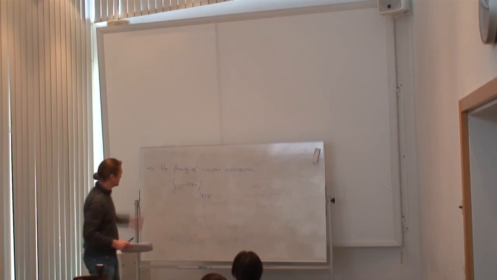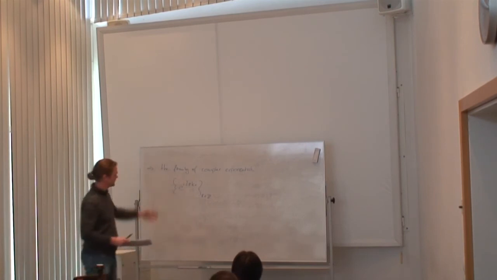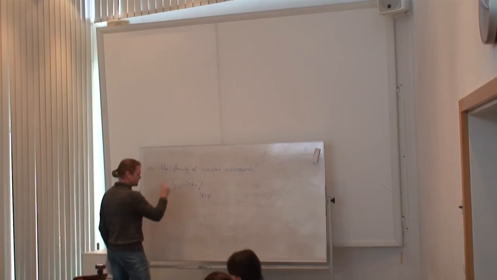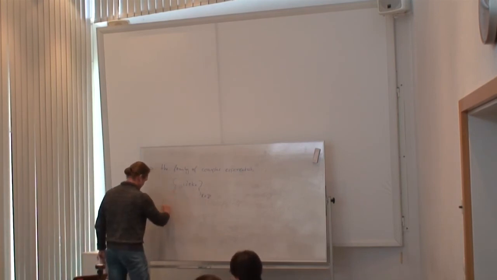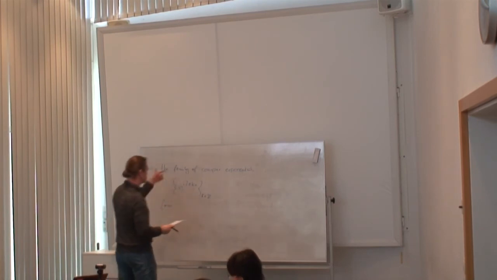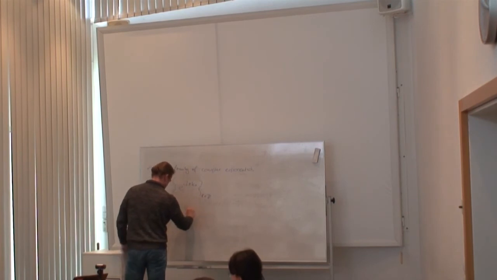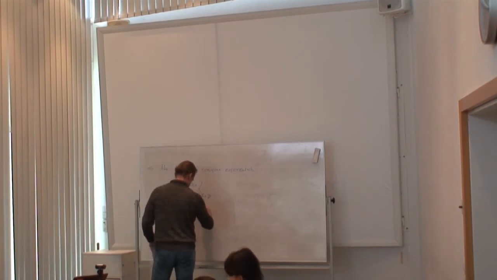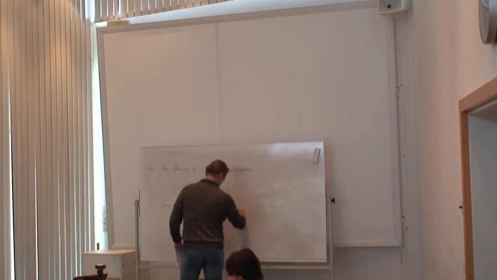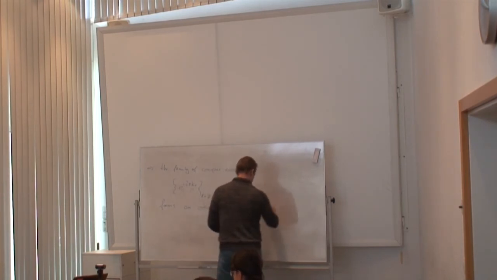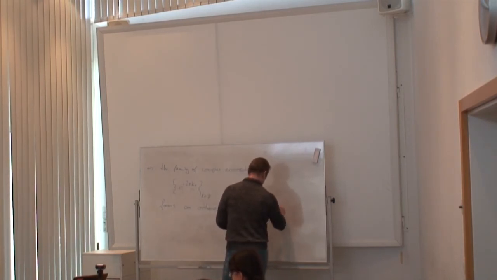What we just saw is that any two of them are orthonormal, and so we deduce without really formal proof that this family forms an orthonormal basis of the vector space L square 0 to 1.